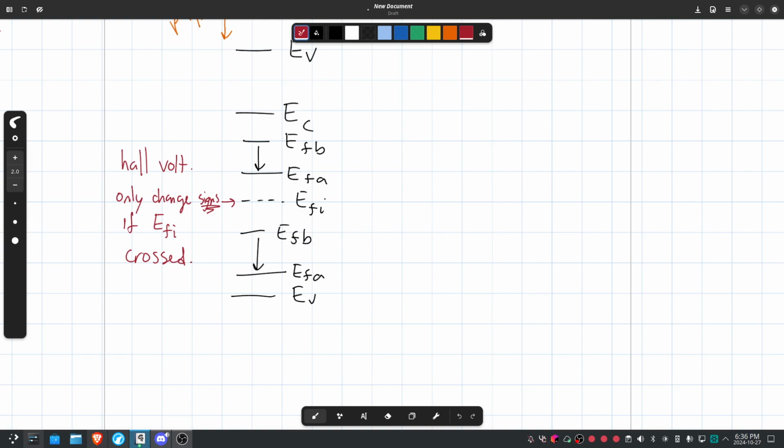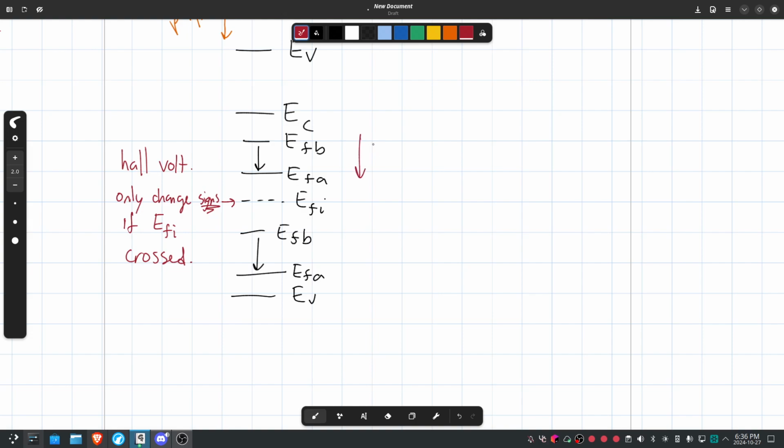Meanwhile, suppose it asks you how you would differentiate these two if you know that the sign doesn't change. How can you tell whether it's still N-type or still P-type? One way is the magnitude of the Hall voltage. Hall voltages increase as you get farther away from EFI. So as you dope more and more, your Hall voltage is going to get larger and larger.